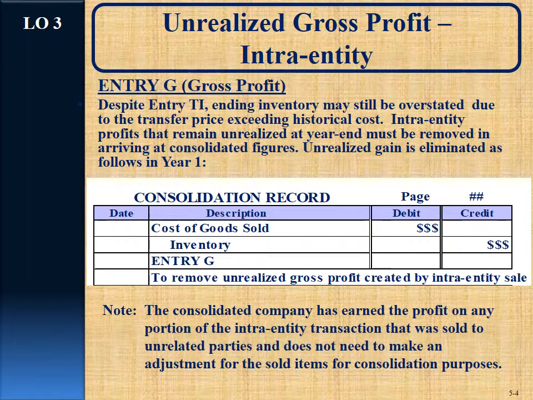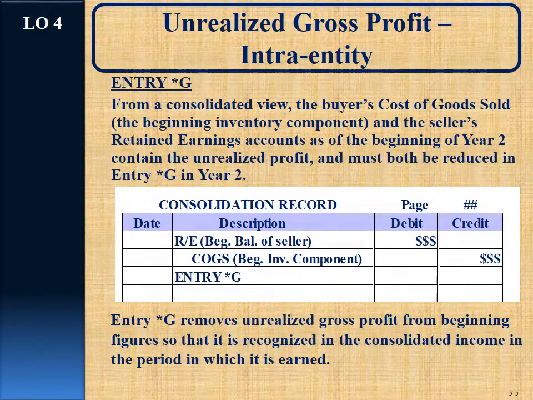Now that's assuming here that all the inventory remains at the end of the year that was sold intra-company. Okay, and there's an example of the journal entry again. That's entry G.